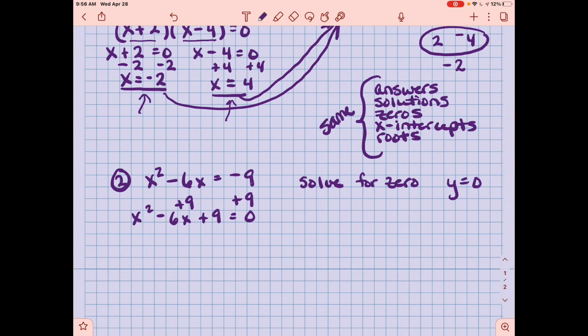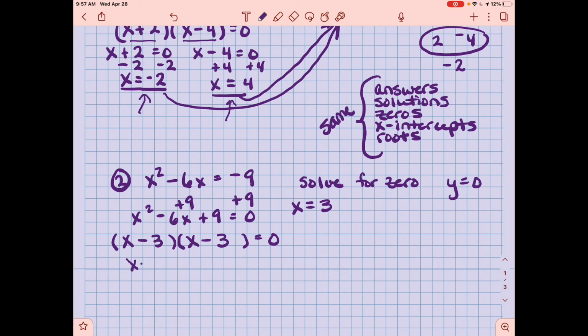So we know that if it touches at 3 and 0, then x equals 3 is our solution. Now, if you wanted to factor this, you could do it the way we did the last one, but this happens to be a perfect square. X squared and 9 are perfect squares, and -3 and -3 make -6, so this one looks like this.